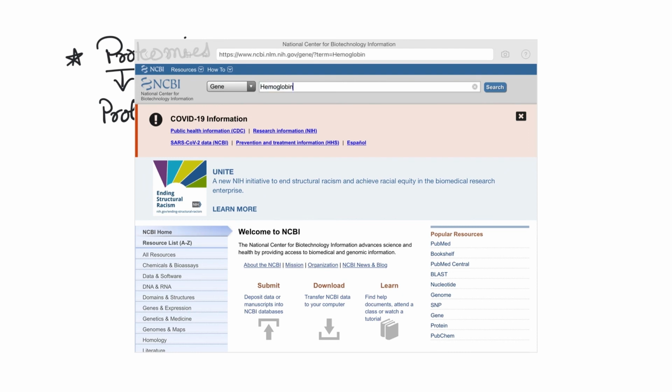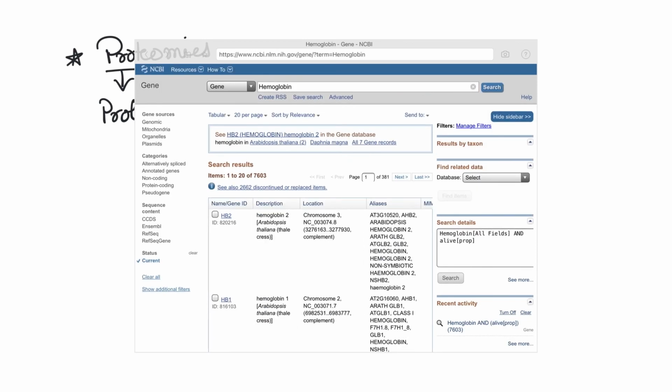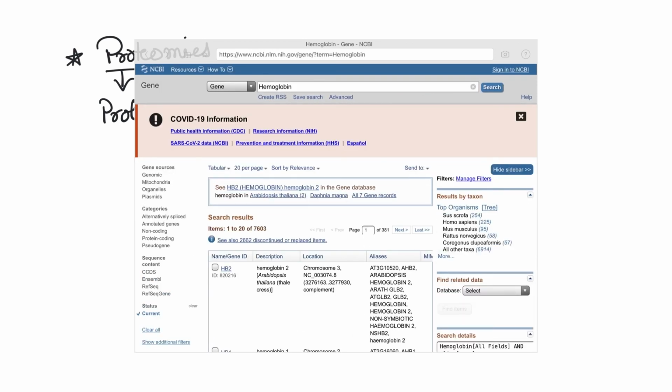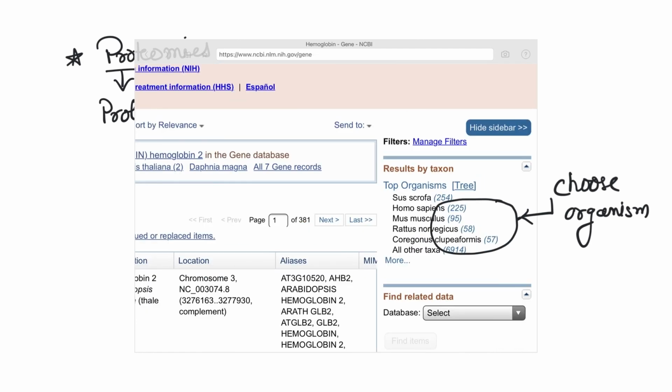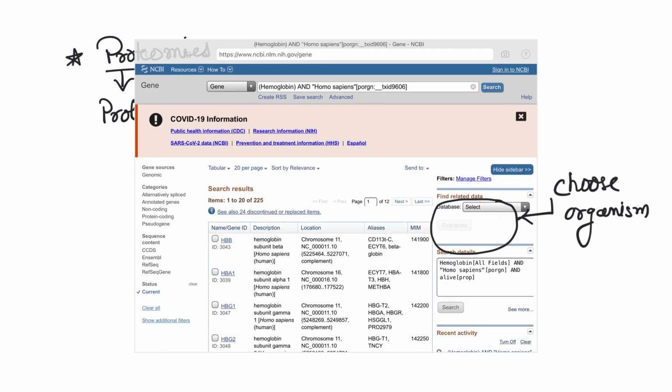For example, you want to talk about the hemoglobin gene. Because NCBI has the human genome, the whole set, you'll see various genes and their description as well. Choose the organism. We want to talk about the human hemoglobin, that is Homo sapiens. You can see 225 such sequences have been deposited. These are different variants by different studies. Remember that anyone can submit it.